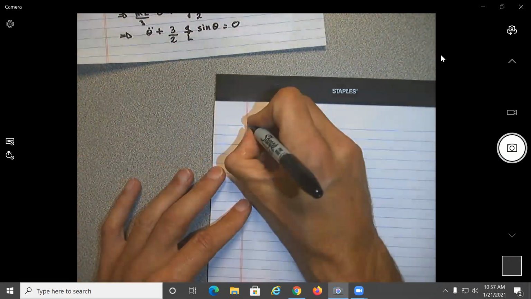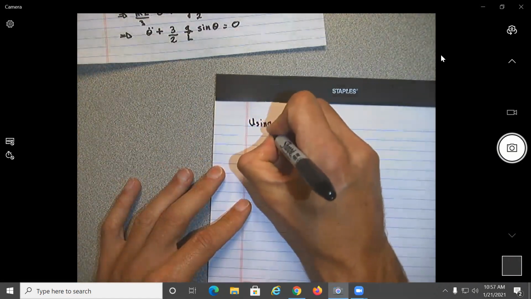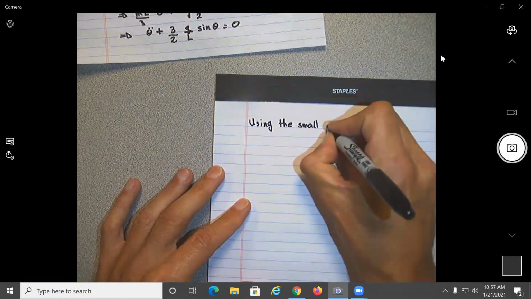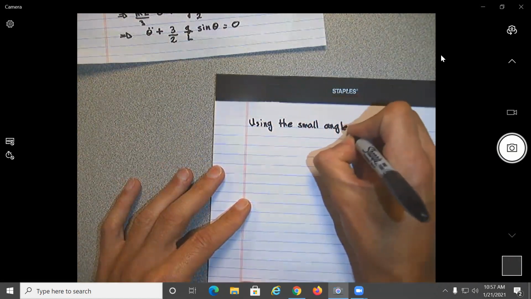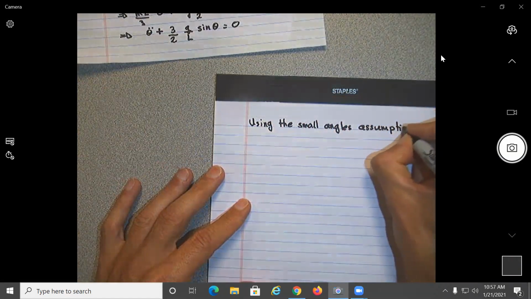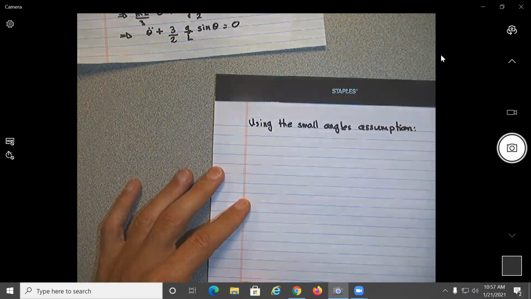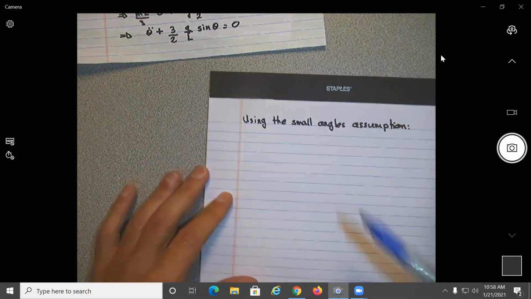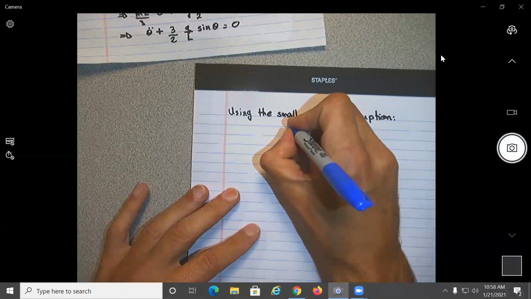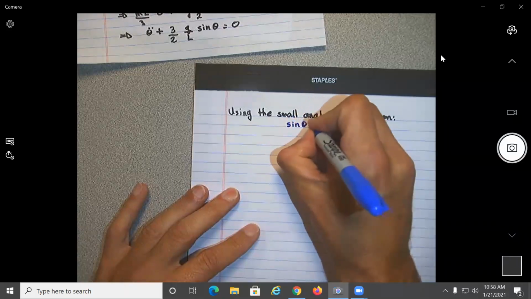Okay, so using the small angle assumption, which you do all the time. What is the small angle assumption?